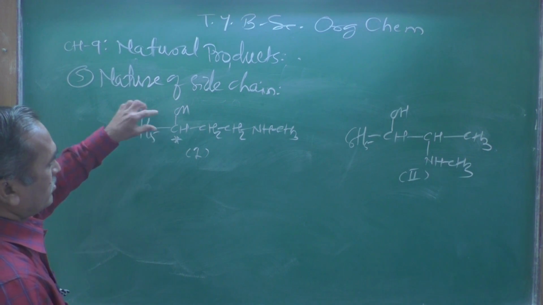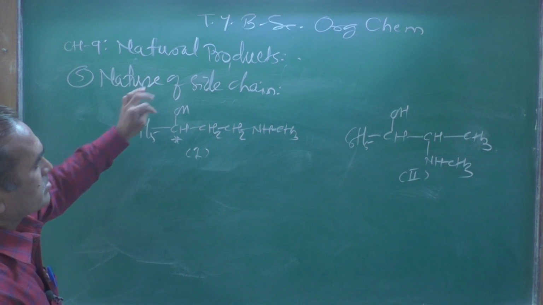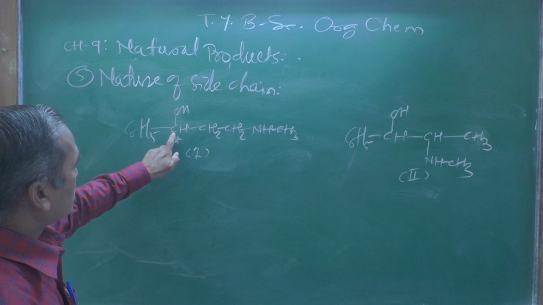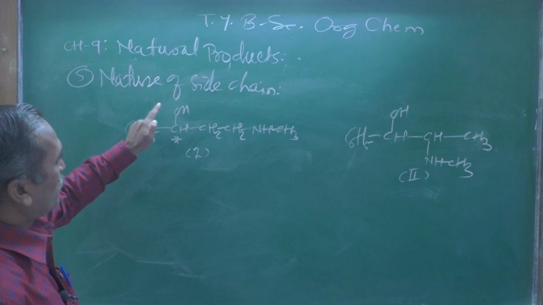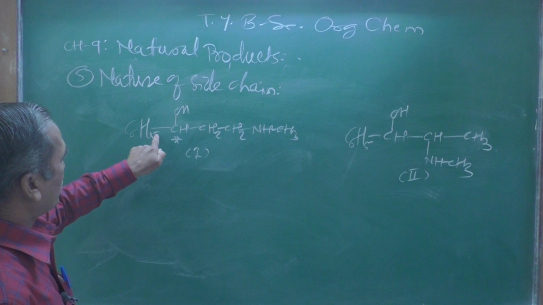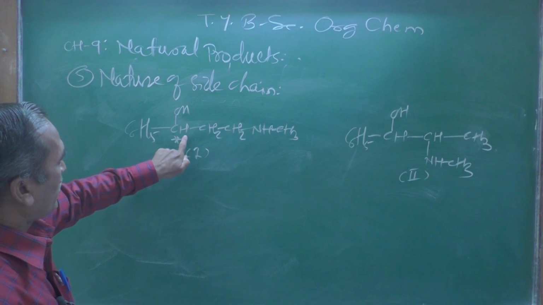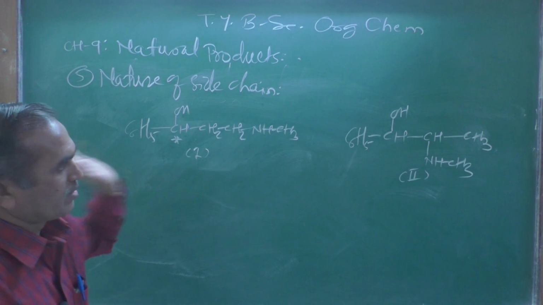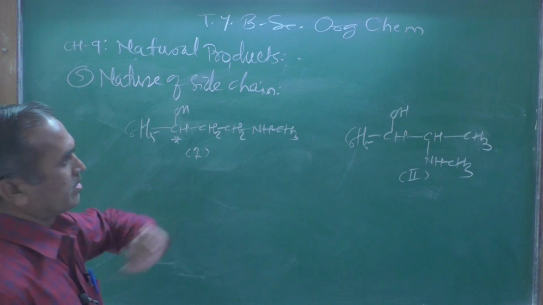This mark indicates there is a chiral carbon. This carbon atom has 4 different groups: a phenyl group, a hydroxyl group, a hydrogen atom, and this big group, right?